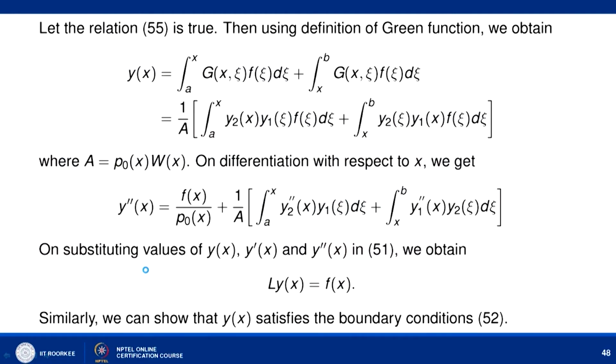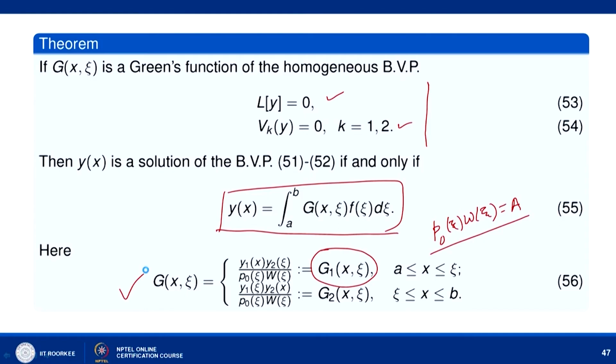So let relation 55 be true. 55 is true means y(x) is given by the integral from a to b of G(x, xi) f(xi) d xi, and then we want to show that it is a solution of the non-homogeneous boundary value problem.